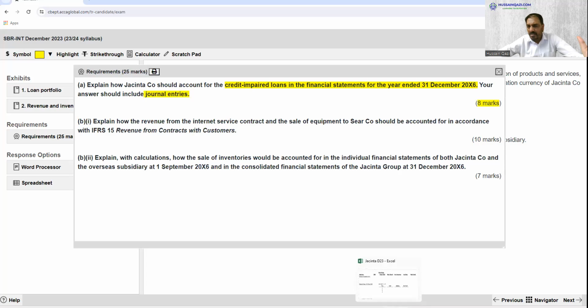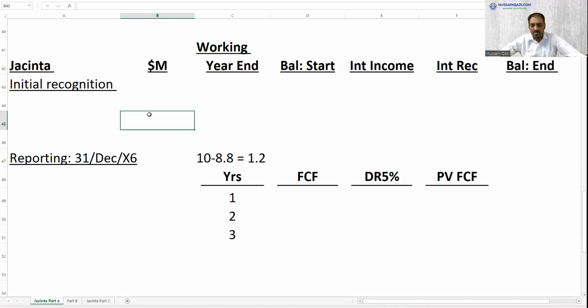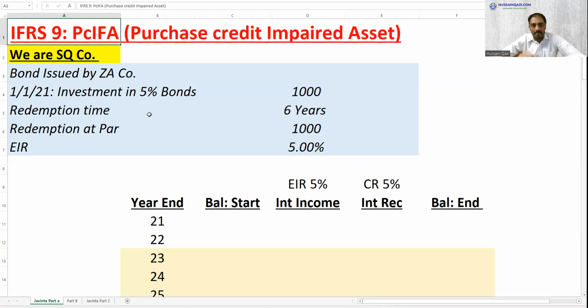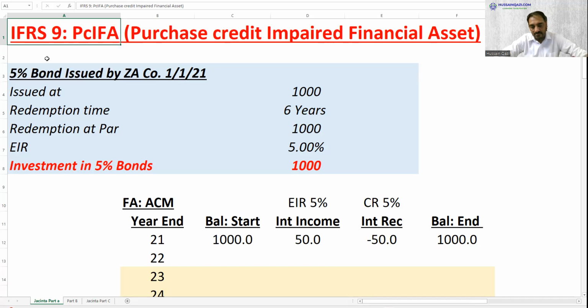So let's make a quick review of this concept. IFRS 9, purchased credit impaired financial assets. Let's start the discussion about purchased credit impaired financial assets.